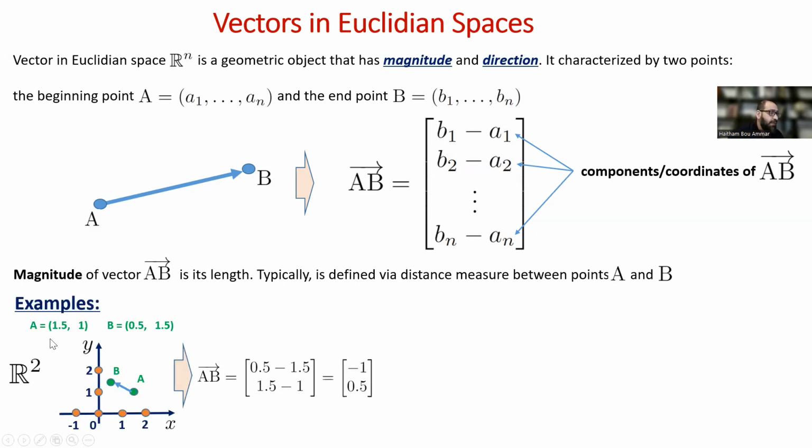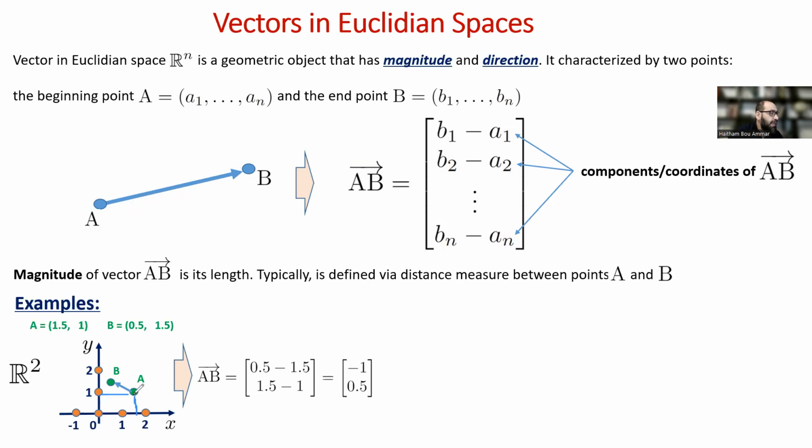So for example, here, if I have those points, A, which is located in R2, and it has 1.5 on the X coordinate and 1 on the Y coordinate. So to specify the point A, I need two variables, because I'm in two-dimensional Euclidean space.